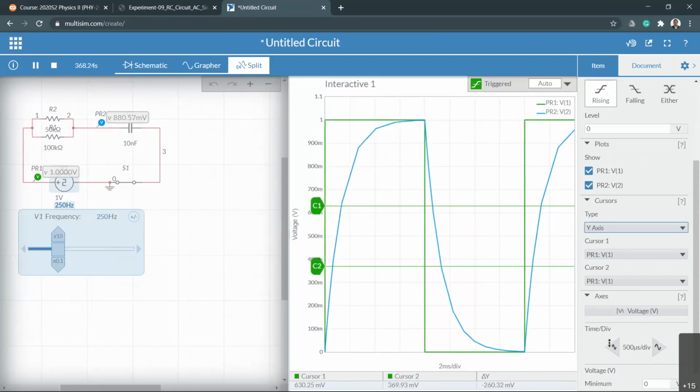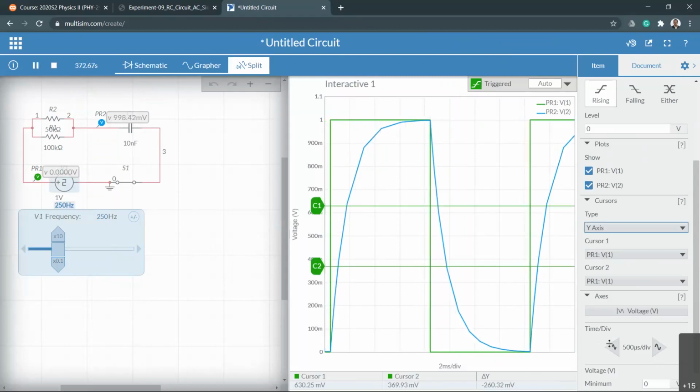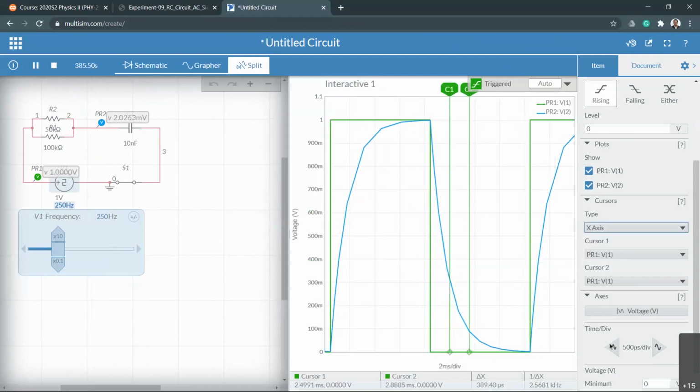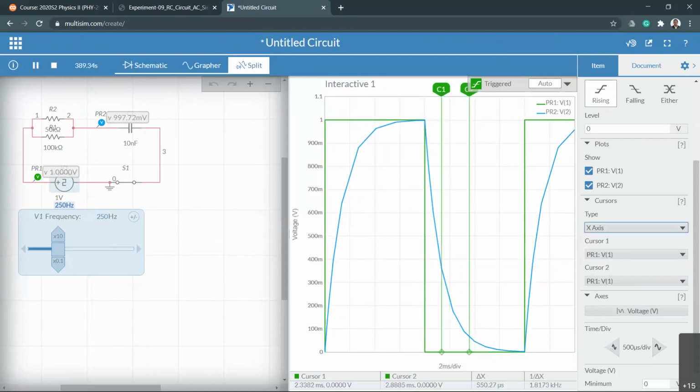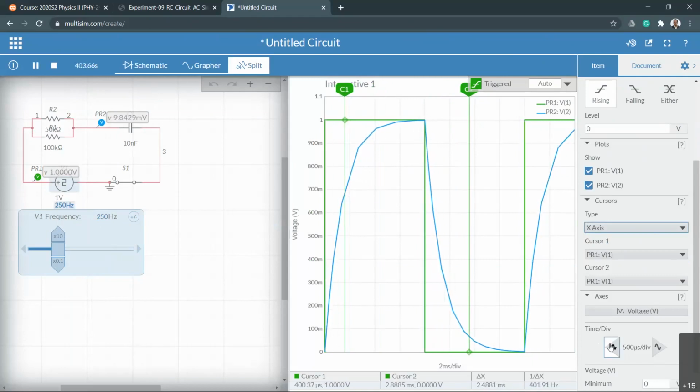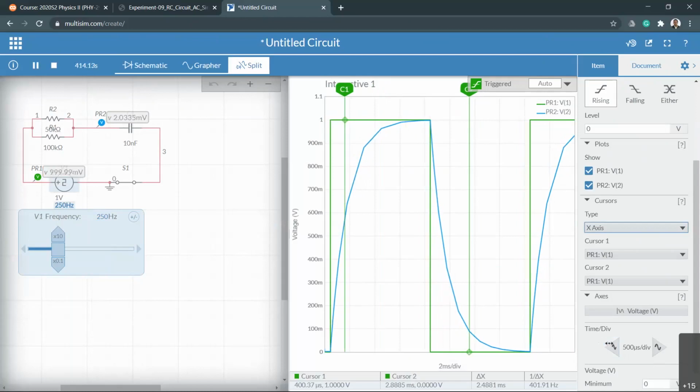You can see those two are fixed. Then change this to the x-axis and bring C1 to the 630 location. You can see it's charging and discharging much faster. It's slightly vibrating, but as long as the graphs are stable, we are fine.